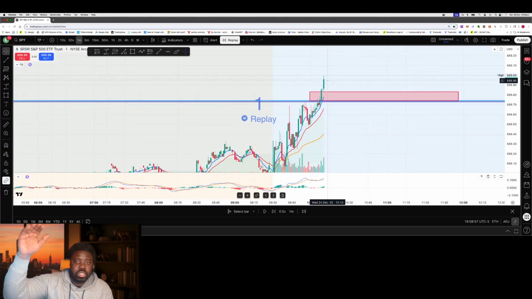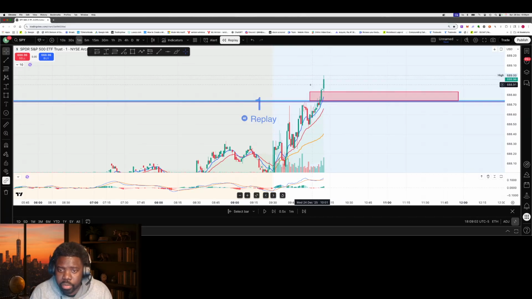As fast as it goes up, the pullback is going to be just as steep. So I trade it that way, right? If it comes all the way down to here, that's great. But if it gives me a pullback right on top of this little zone that I have there, I'm okay with that as well.